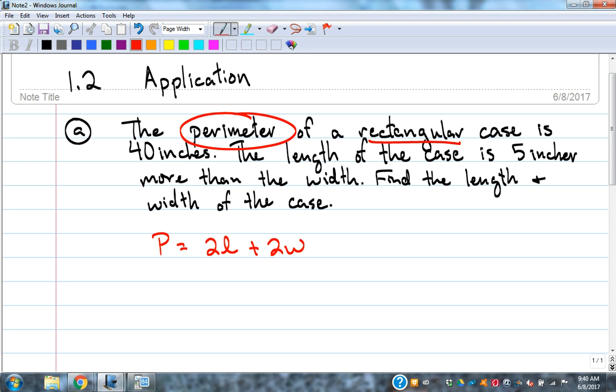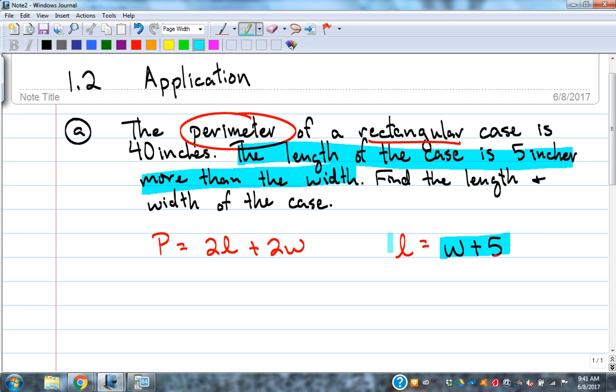And then they give us some information about the length being 5 inches longer than the width. So the length would be whatever the width is plus 5. That's what that line tells us.